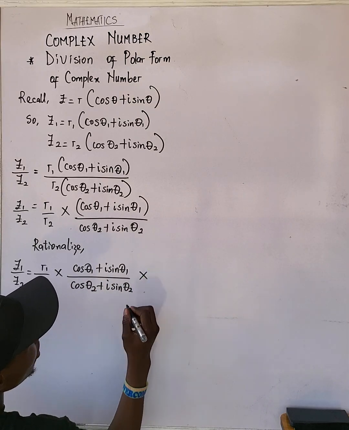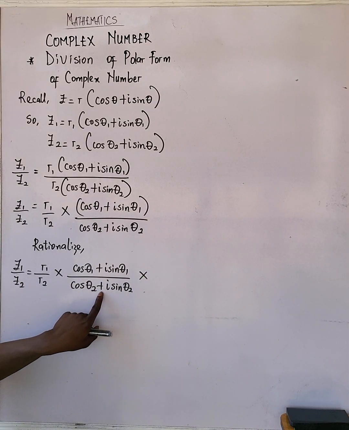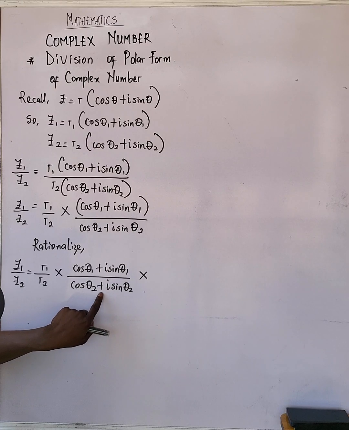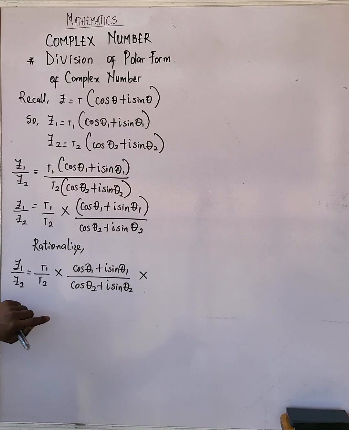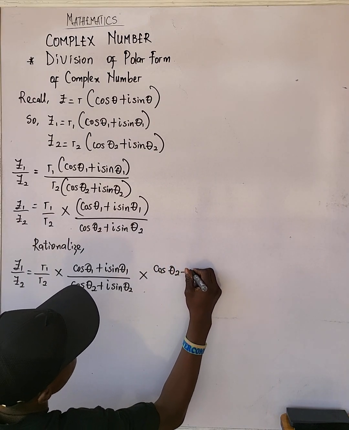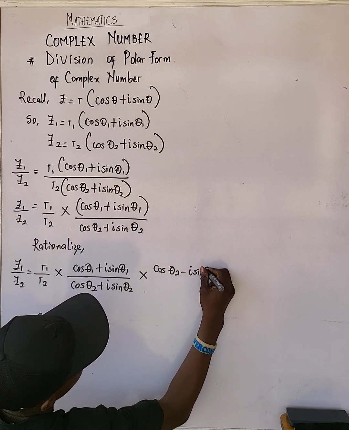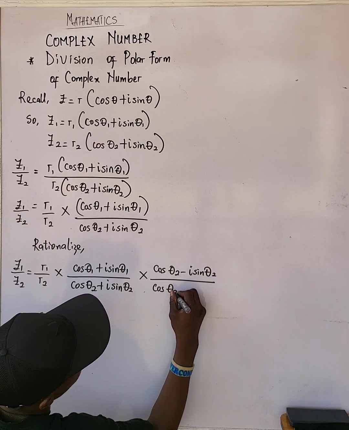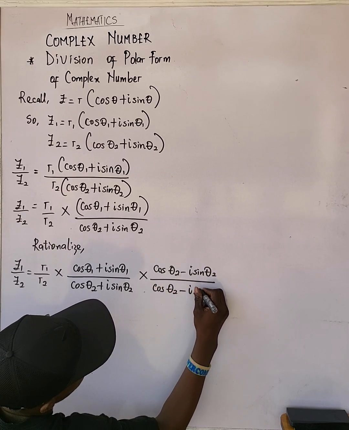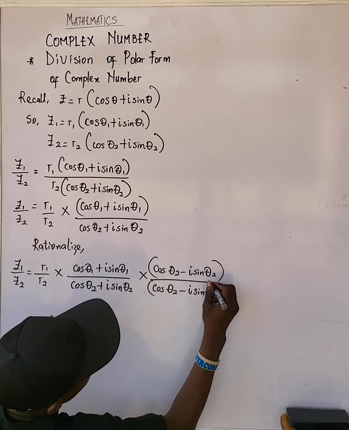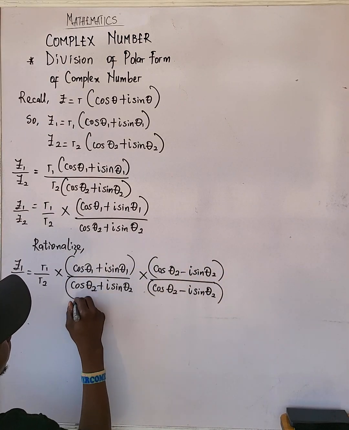So when we rationalize, that will be multiplied by, so we will conjugate the sign of the imaginary. What is the imaginary? This i sin theta 2. We'll change it from plus to what? Minus. So that will be cos theta 2 minus i sin theta 2 over cos theta 2 minus i sin theta 2, right? So this is what we're having now.